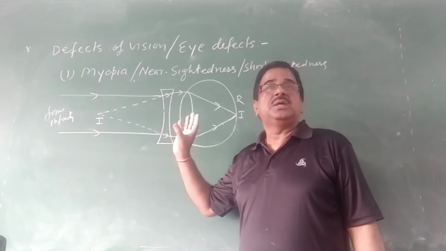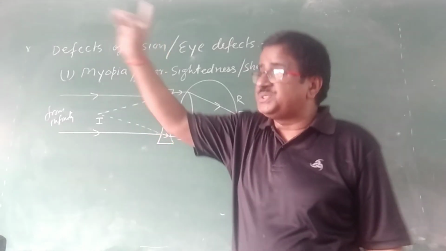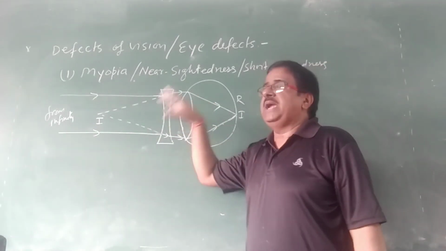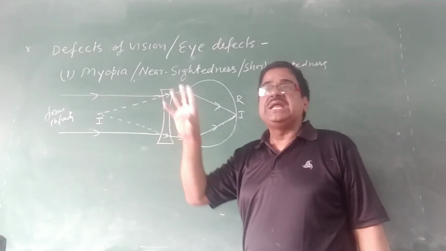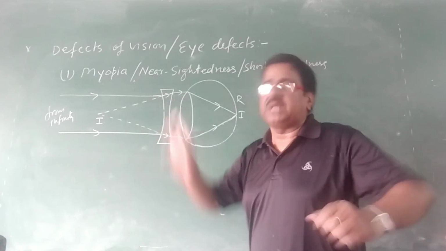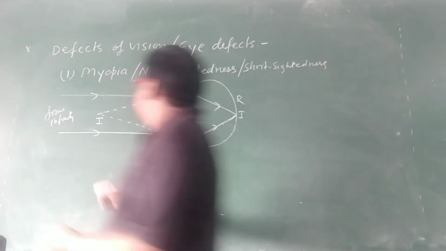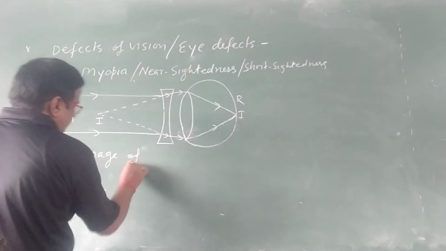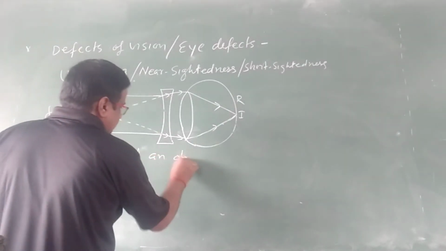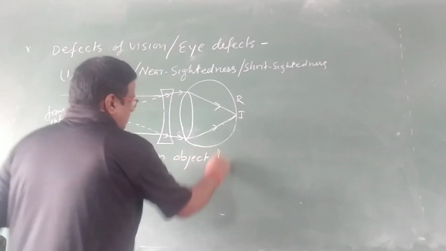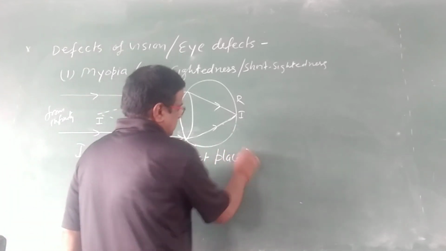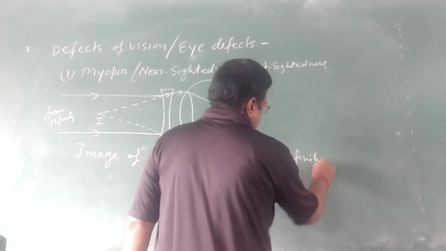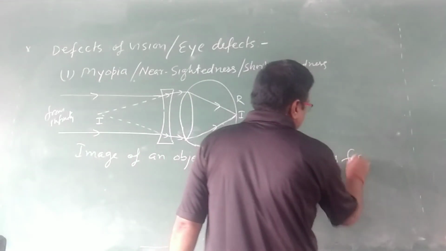The image of the object situated at infinity is made on the reduced far point of the myopic eye.